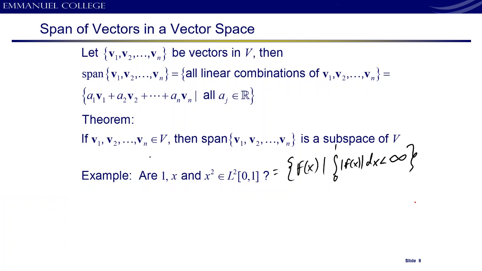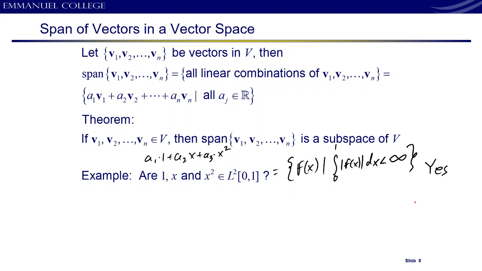If I do a1 times 1 plus a2 times x plus a3 times x squared, then the answer is yes, they will always be in there, because all the scalars are going to do is affect how large it will get.